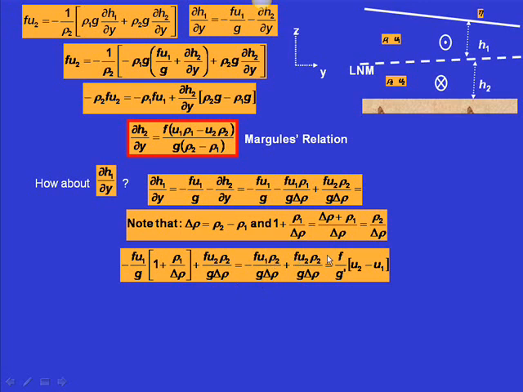So g times delta rho over rho 2 would be g prime, which is what we have here. So we have the factor f over g prime, and U1 with the negative sign and U2 with the positive sign. So dH1/dy, the slope of the upper layer, equals that. It's just a function of the vertical shear between the lower layer and the upper layer, and this g prime.